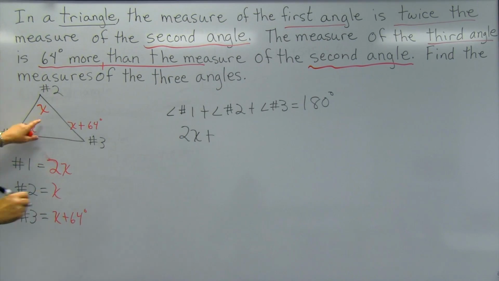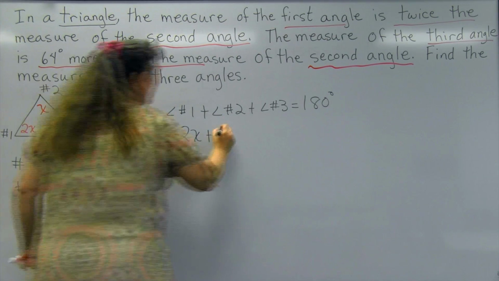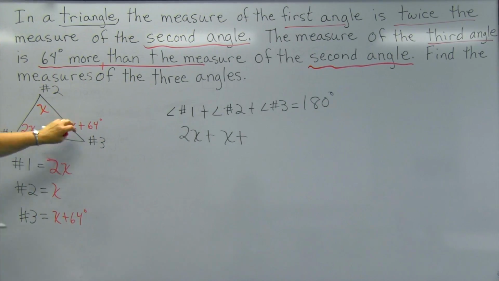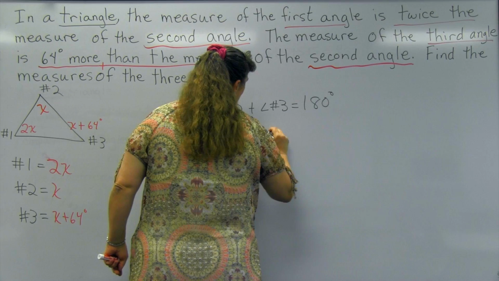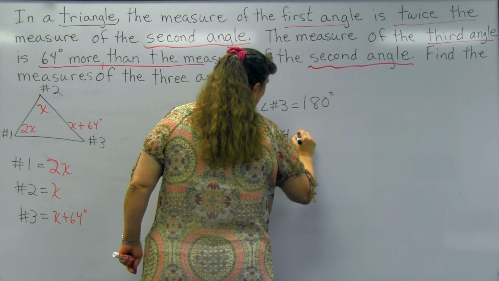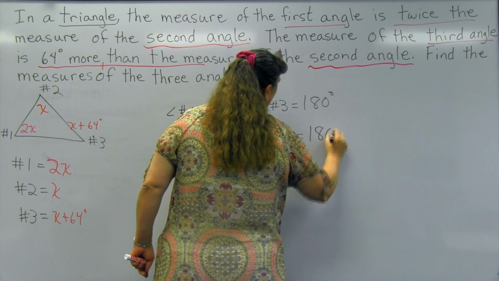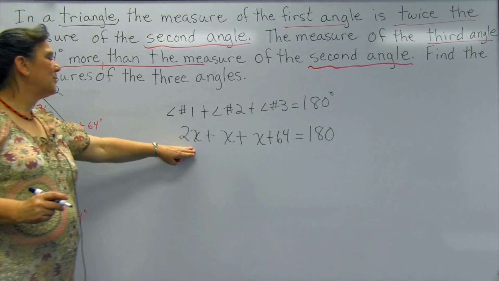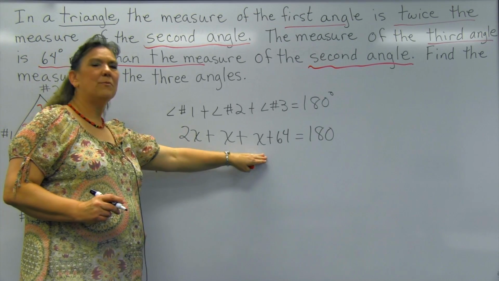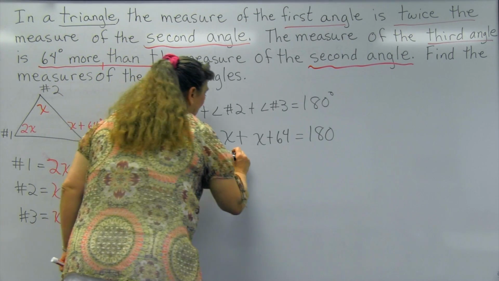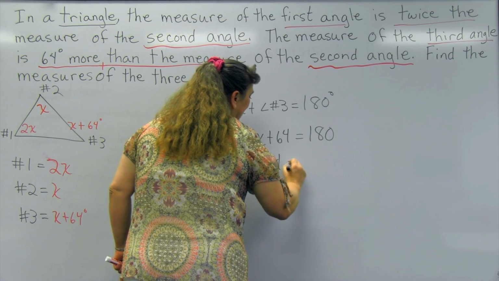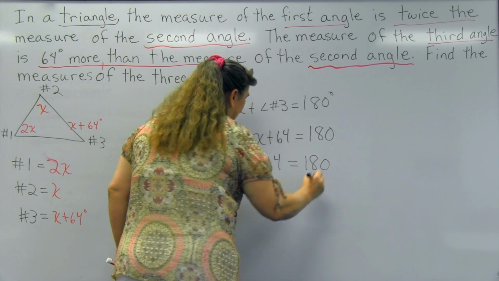Plus, and what is angle number 2? Yeah, it's your x. Plus, what's our angle number 3? X plus 64. Yep. You have it, and you've done really well, is equal to 180. Now, let's start looking at those like terms again. 2x plus 1x plus 1x gives you 4x, plus 64 equals 180.